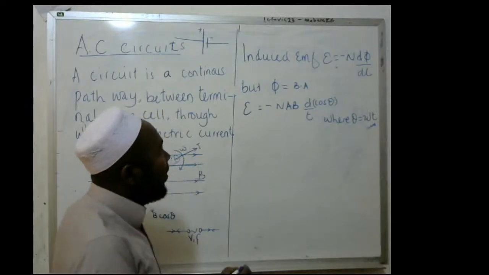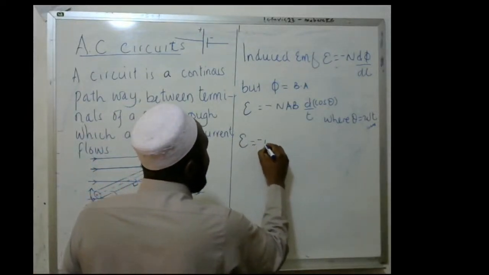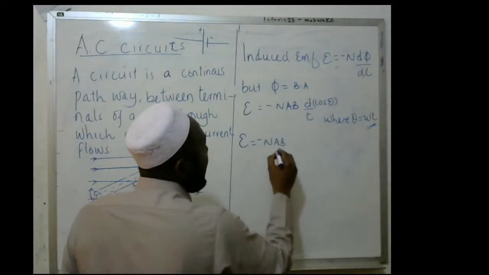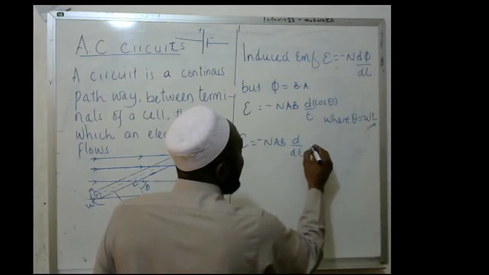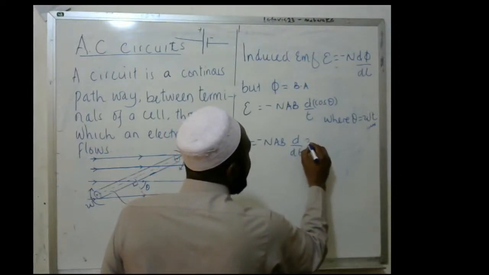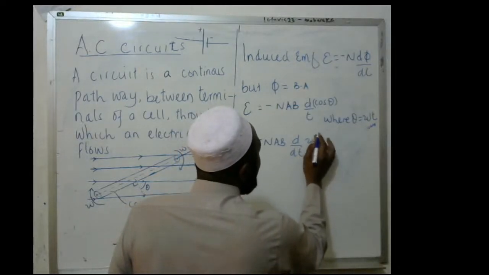So in this case, we're going to be having E is equal to minus NAB d by dt of cos wt.